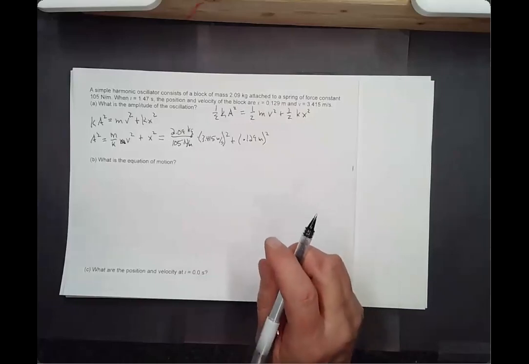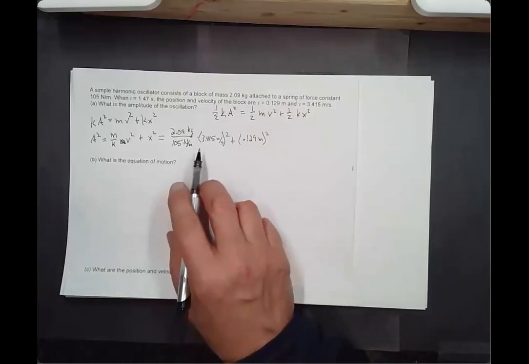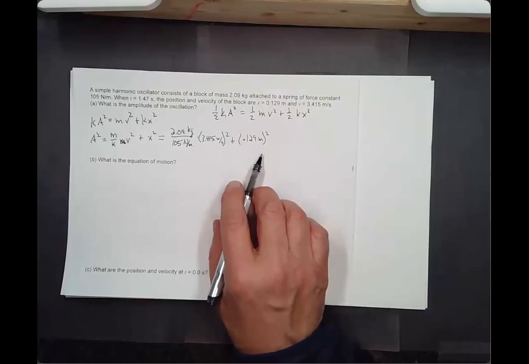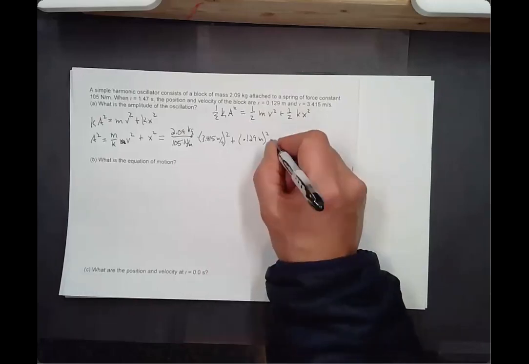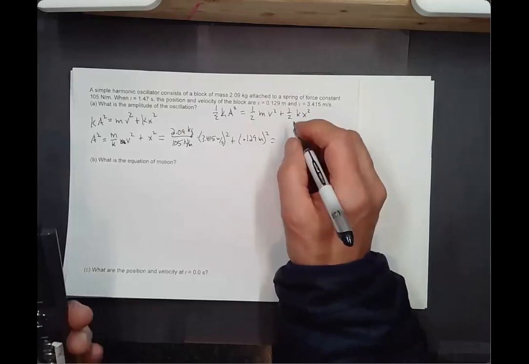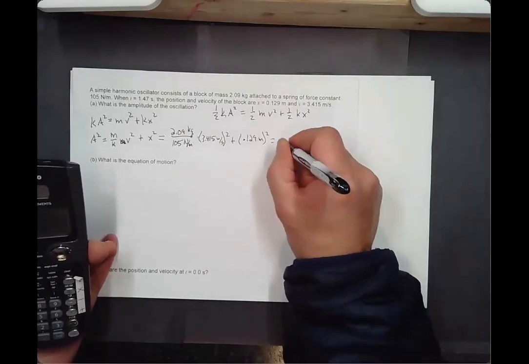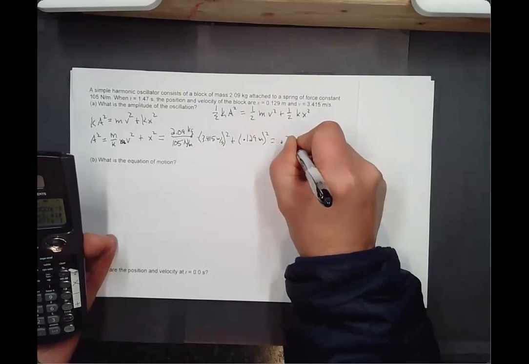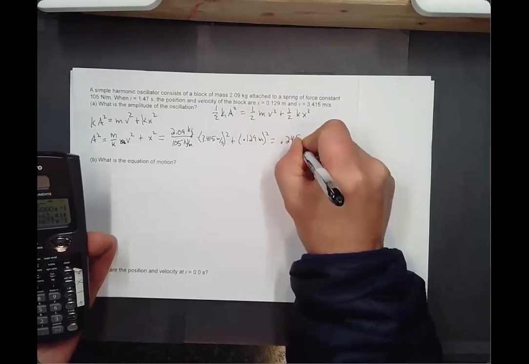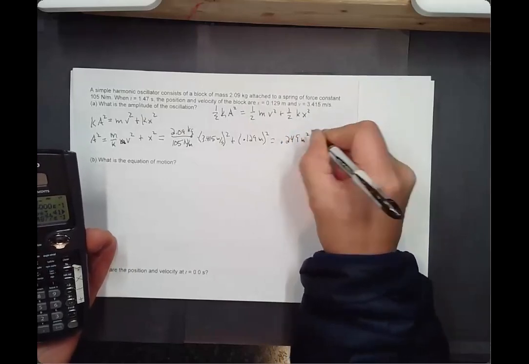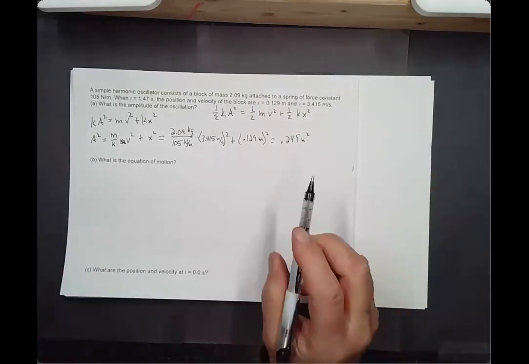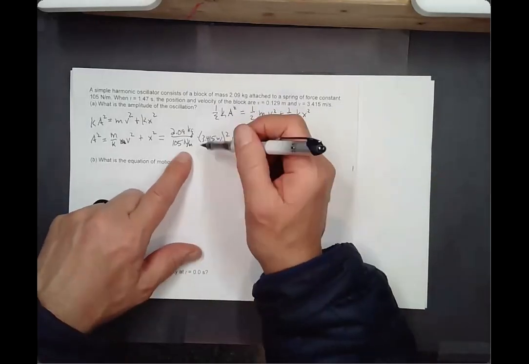And I get, let's see, I can keep 3 sig figs on this. Oh, that's a squared that I just figured out, which is 0.249 meters squared. Is that going to be meters squared? Let's take a look at this thing.